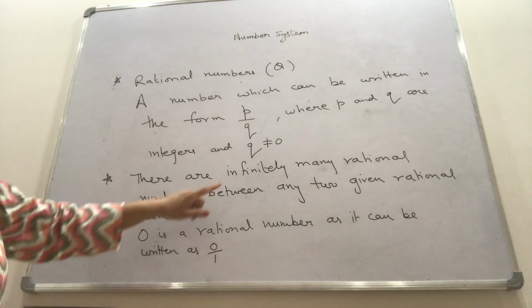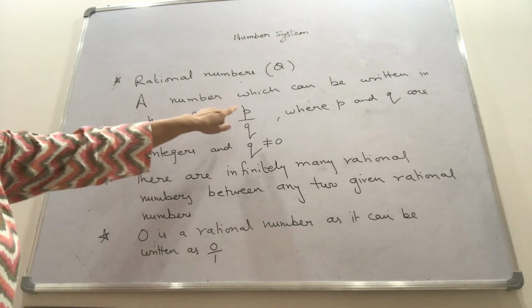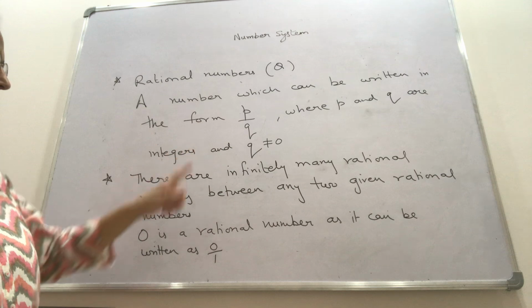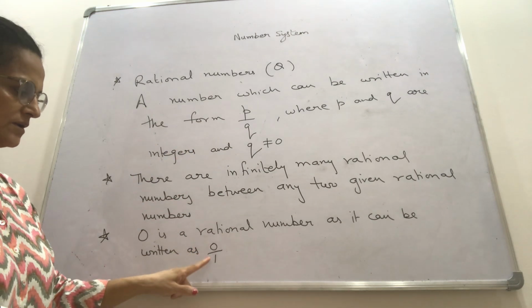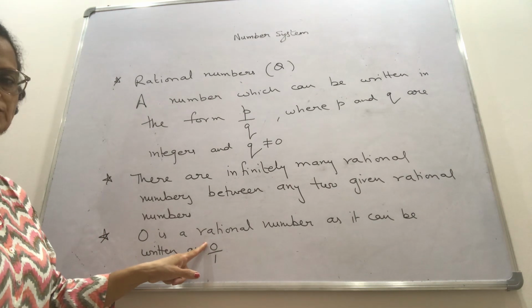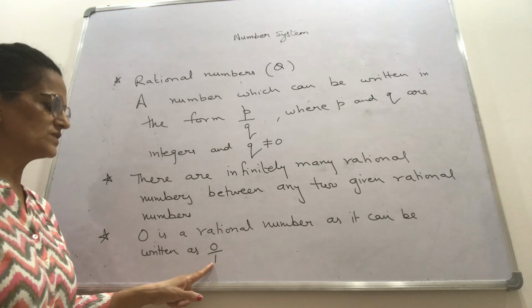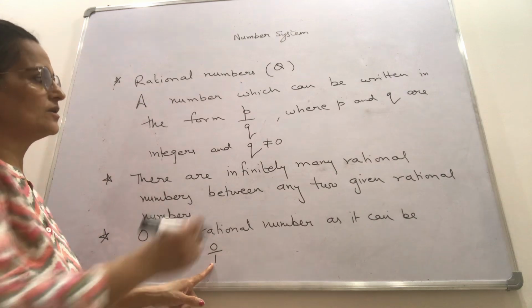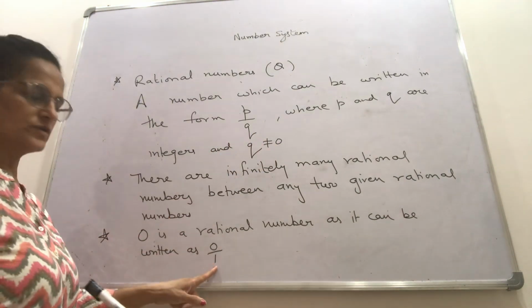Now let's see the definition. P and Q are integers. This is P, this is Q. So P is 0, which is an integer. Q is 1, which is an integer. And Q is not equal to 0.